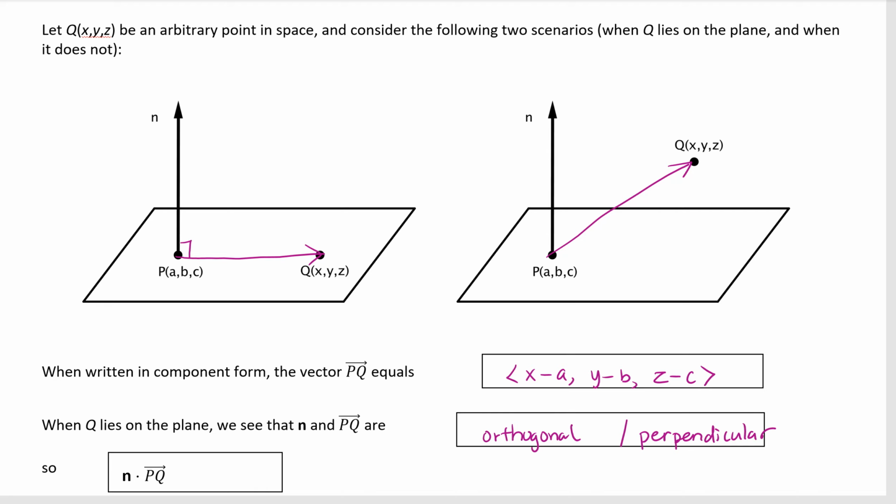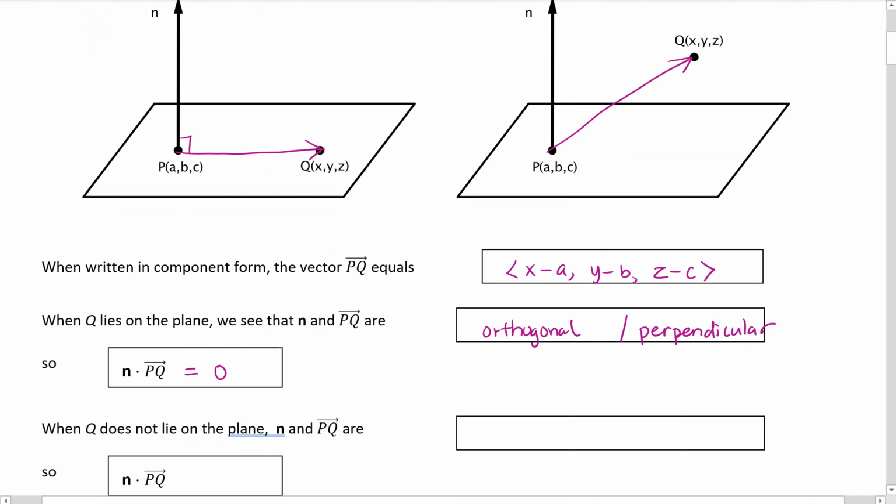So n dot PQ equals 0. And when Q does not lie on the plane, n and PQ are not orthogonal, so n dot PQ is not 0.